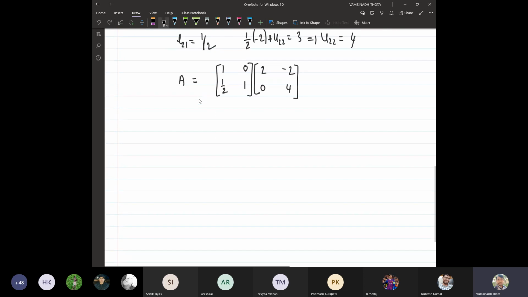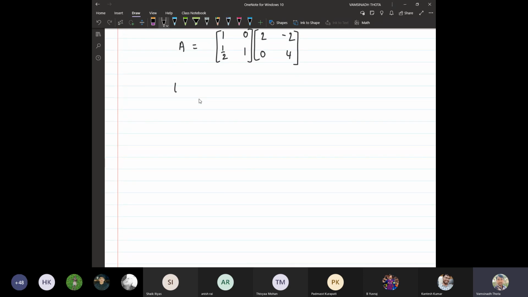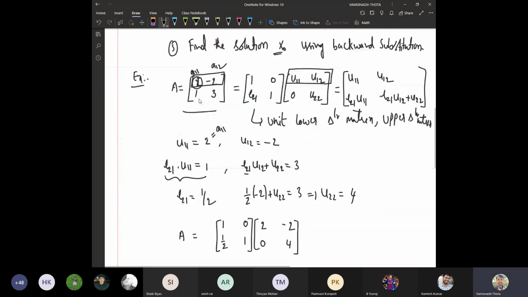Now you can take this as an exercise: decompose A into LU prime, where L is the lower triangular matrix and U prime is the unit upper triangular matrix.